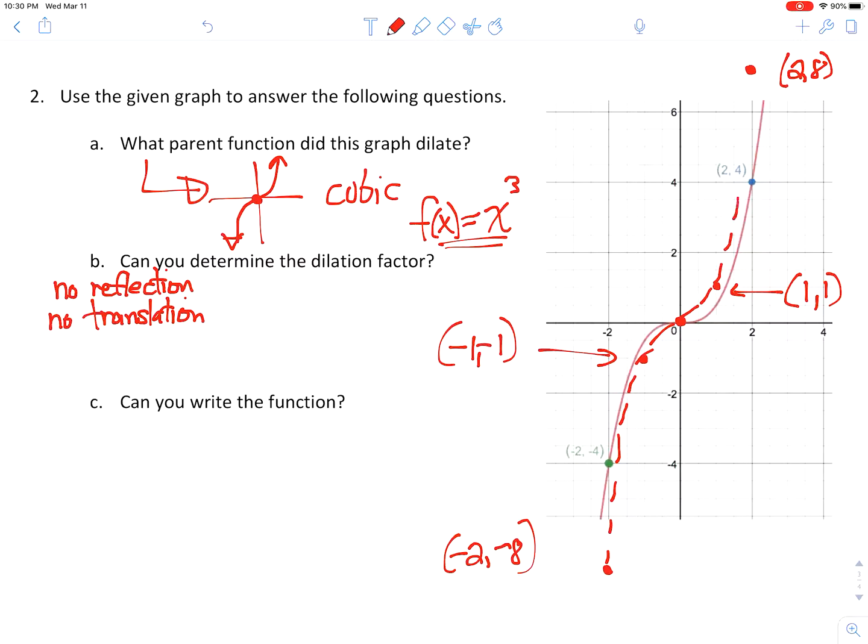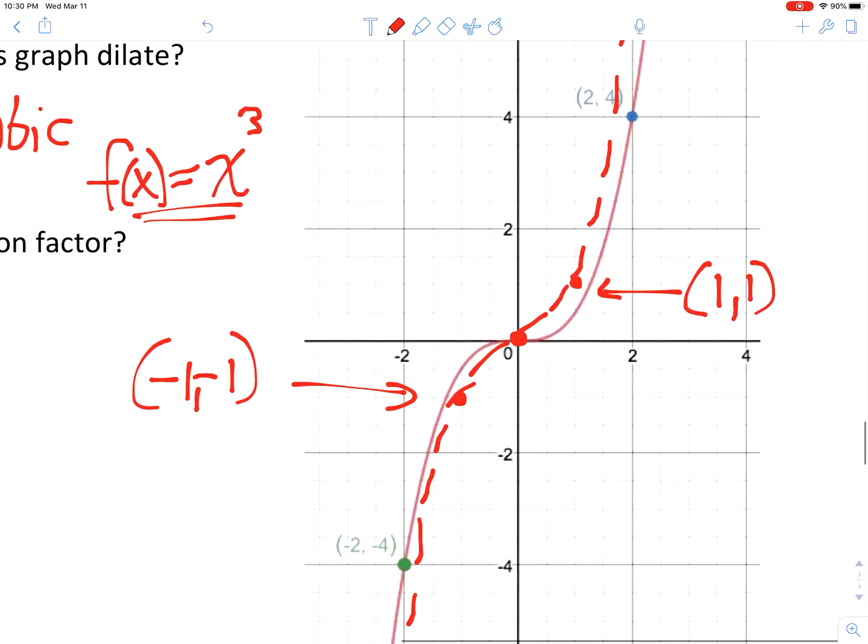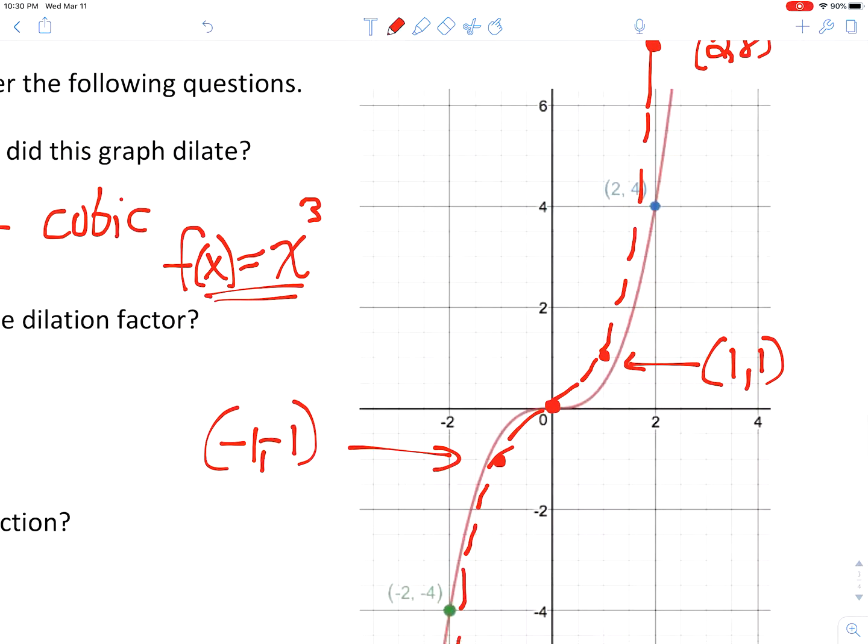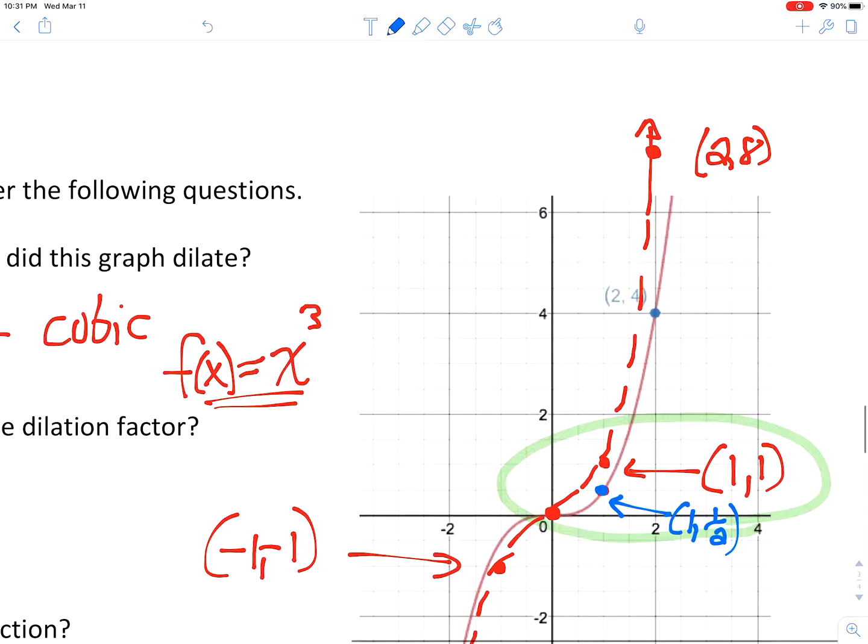Sometimes I find that just sketching in the original parent function and then comparing it with what I see is pretty helpful. Well, what do I see? I see a point that used to be 1, 1, now looks to be, is that 1, 1/2? Let's explore further.